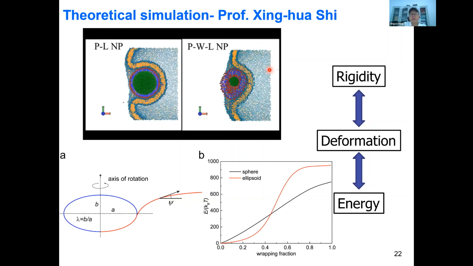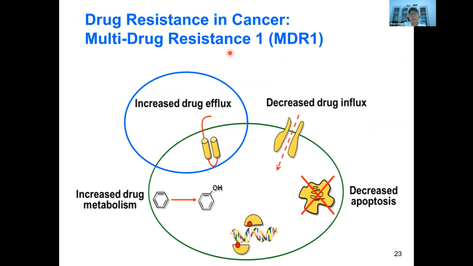So we really use this to test our capability to fight multi-drug resistance. In this particular case, we're looking at the drug efflux pump. As I told you, one of the reasons why drug-resistant cells are made is because the drug efflux pump can pump the drugs out.